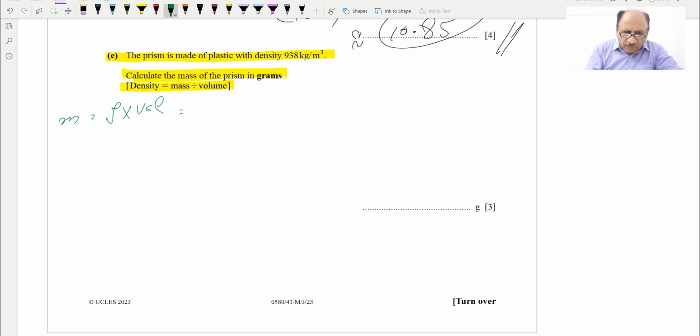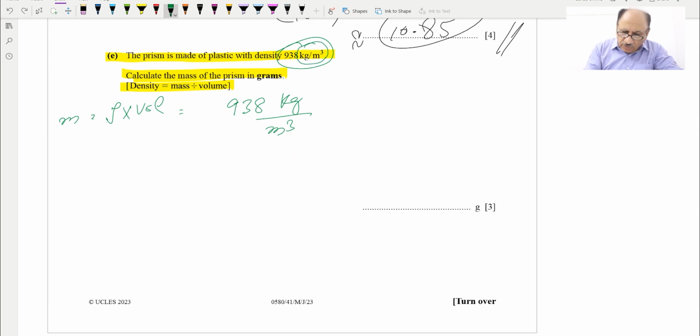So now mass is what? We can write 938 kg, which is provided. This is the density, 938 kilograms over meter cube. This is the unit which I have written in this format.